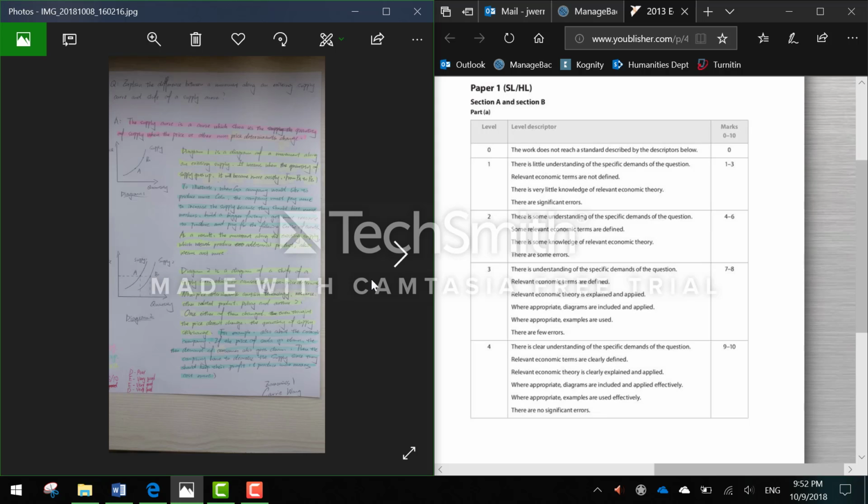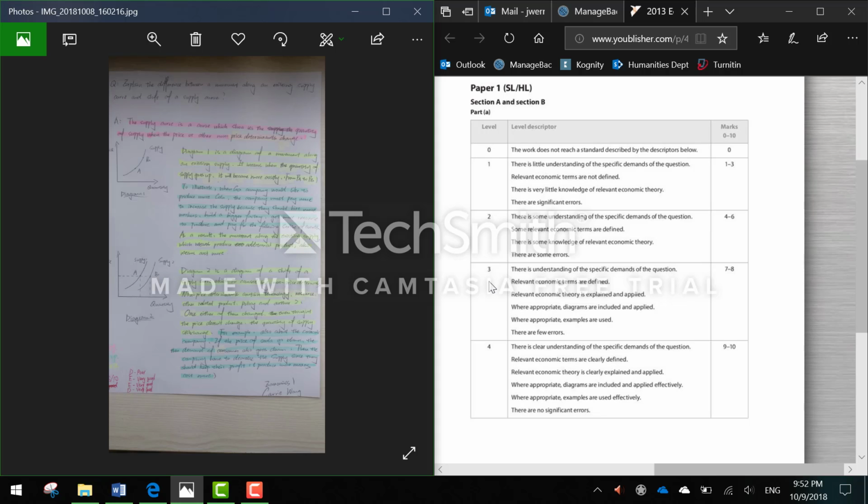So this becomes difficult to mark, but the definitions are in level 1. The explanation is in level 2. The diagrams, if we're generous, I'd say are in level 3. They're certainly not in level 4.